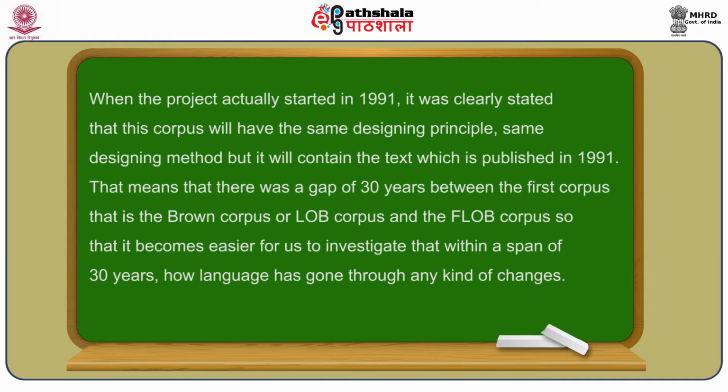So this is an important role of the FLOB corpus: to show if English has gone through any kind of change at various levels, maybe at the word level, sentence level, grammar level, morpheme level. It is possible to show this if we have a large amount of data representing two different time frames.